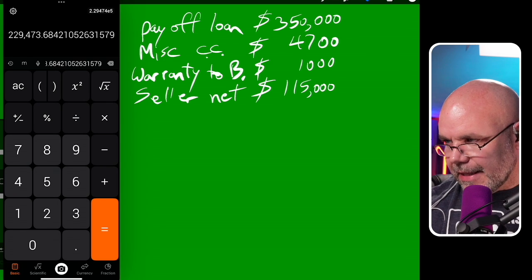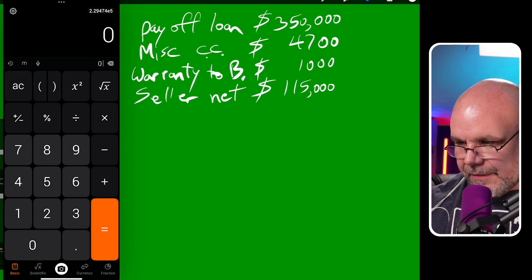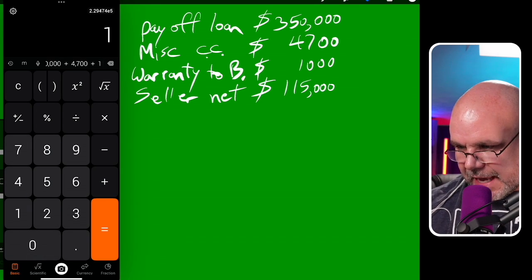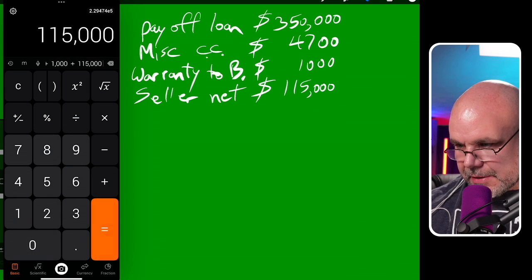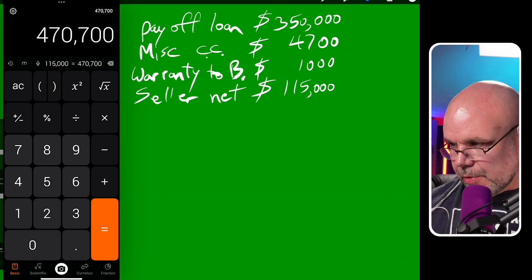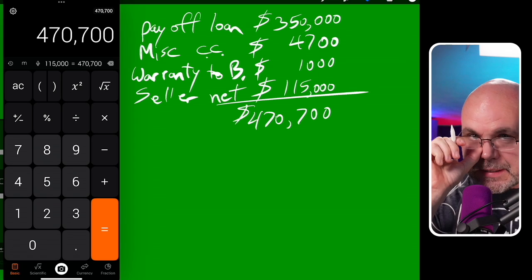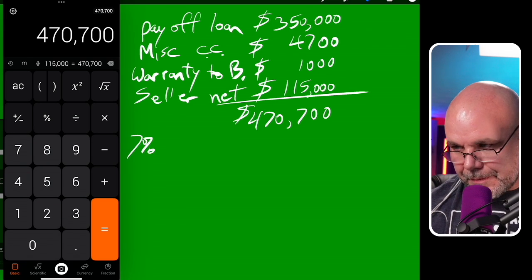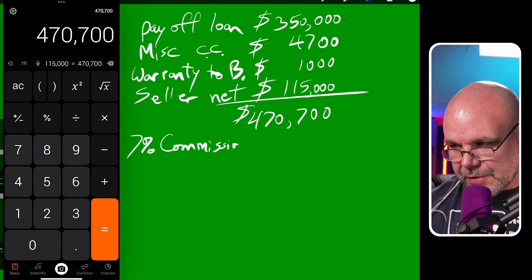Now let's add these up. 350 plus 4,700 plus 1,000 plus 115,000 is a total of $470,700. That's what the seller needs to end up with after they've paid you your 7% commission. You and whatever brokers are involved.